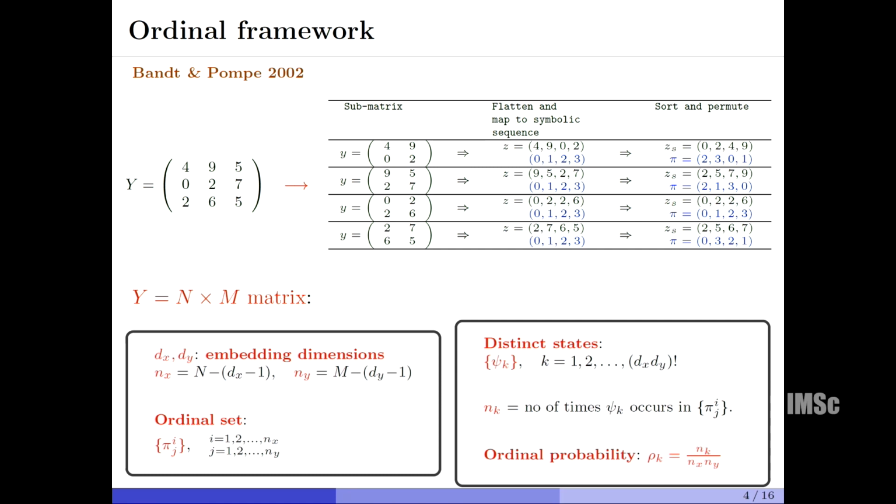This is going to be my basic quantity from which I can construct my observables. From here I construct something called the ordinal probability, which is the number of times each distinct state occurs divided by the total number of states. So this gives me a probability for the distinct states.